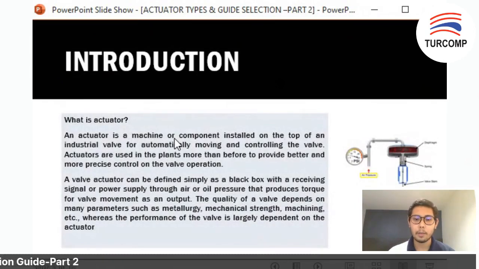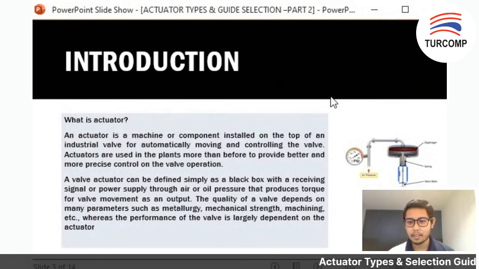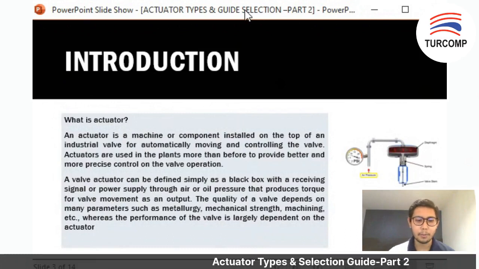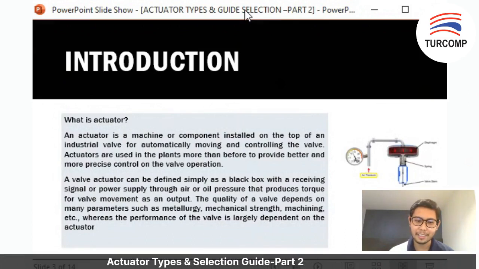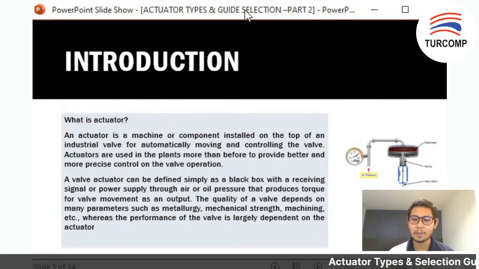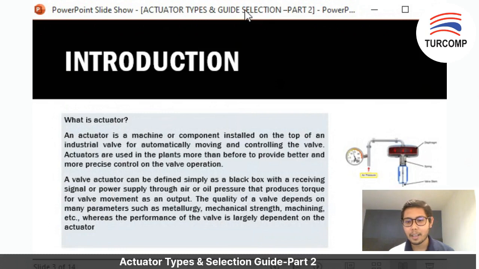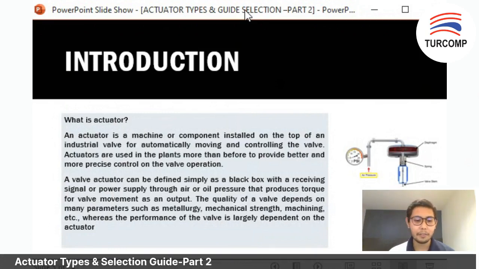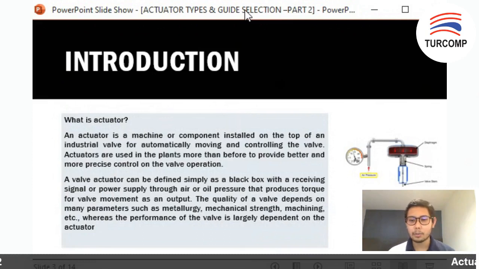Okay, introduction. What is an actuator? Anyone know what an actuator is? I think most of us here know, so we're just going to do some revision. An actuator is a machine or component installed on top of an industrial valve for automatically moving and controlling the valve. Basically we want to change from manual to automatic, and also control the valve.